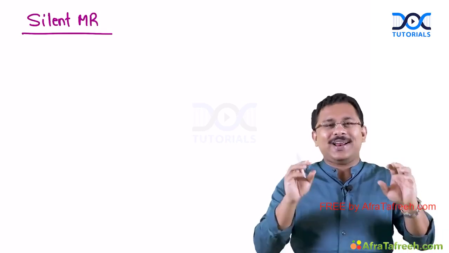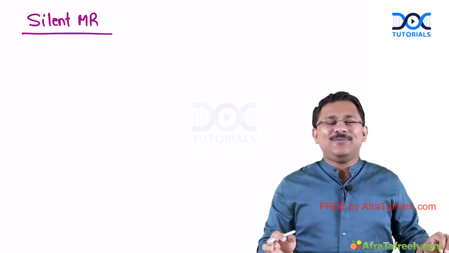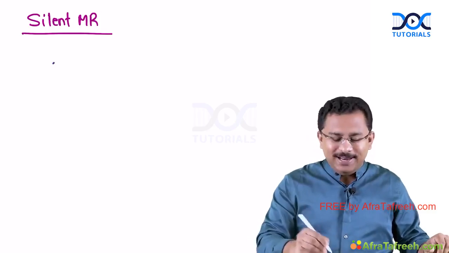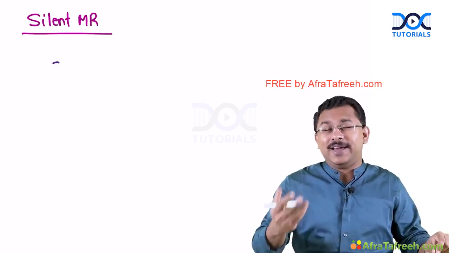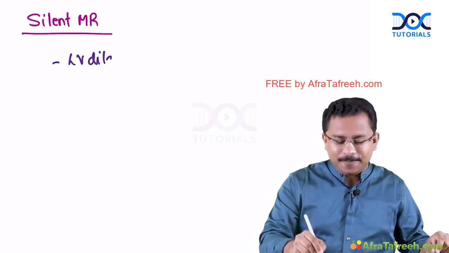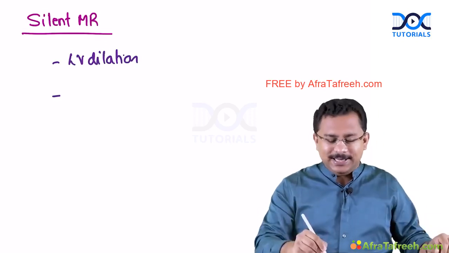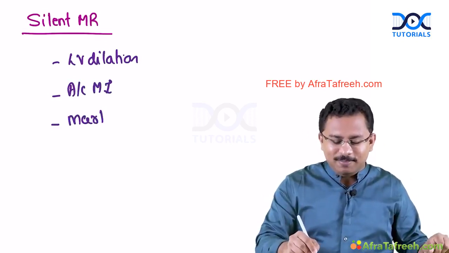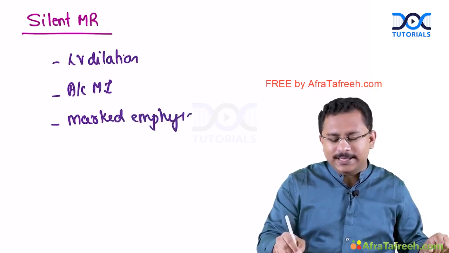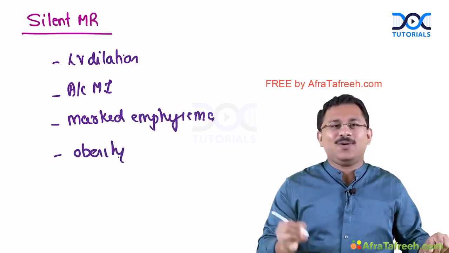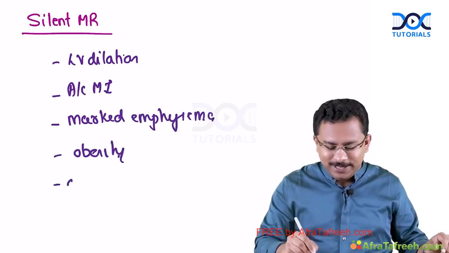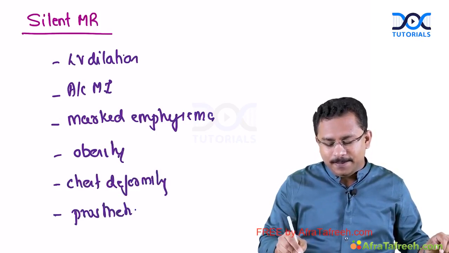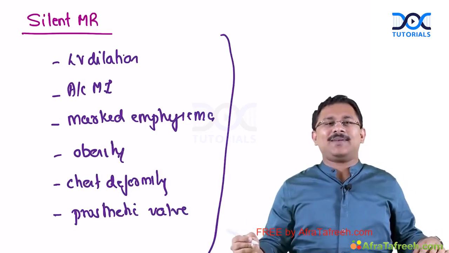The scenario where you have an inaudible or even absent pansystolic murmur is when a severe MR occurs because of LV dilation, an acute myocardial infarction, marked emphysema, significant obesity, a chest deformity, or sometimes in the context of a prosthetic valve. In these scenarios, you may get a silent MR.